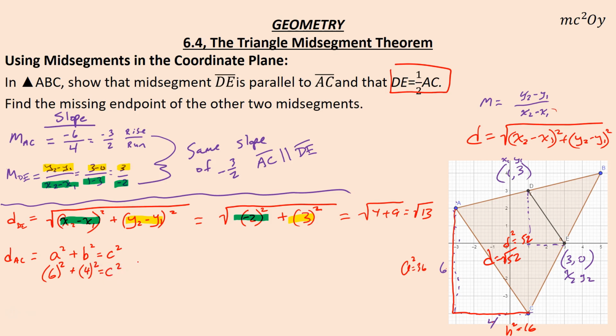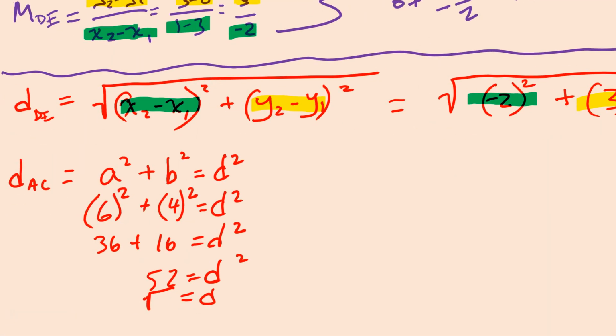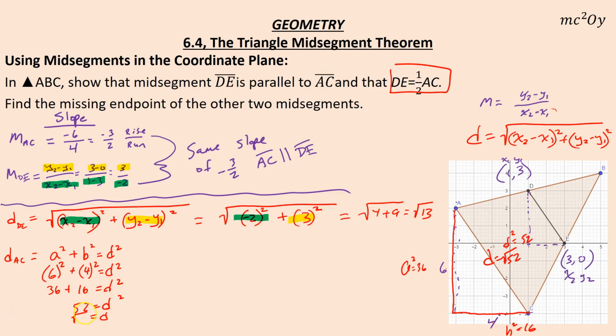Okay, I know we called that d, so maybe we should call it d squared there. So that gives me 36 plus 16 is equal to d squared, and 52 equals d squared, which means d is equal to the root of 52.